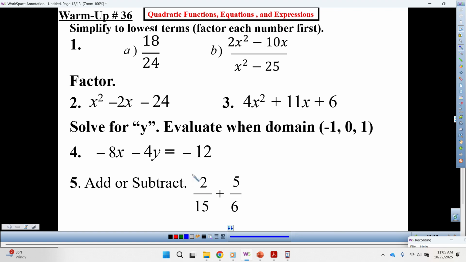All right, here we go. 1A. How do you break down 18 and 24? Jacob, what did you write for 18 and 24? So you said 6 times 3 and 6 times 4?